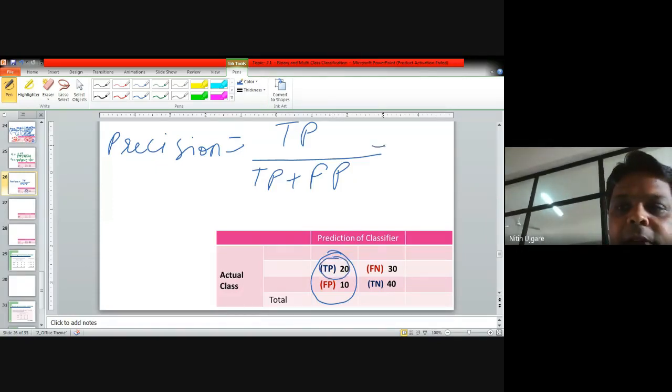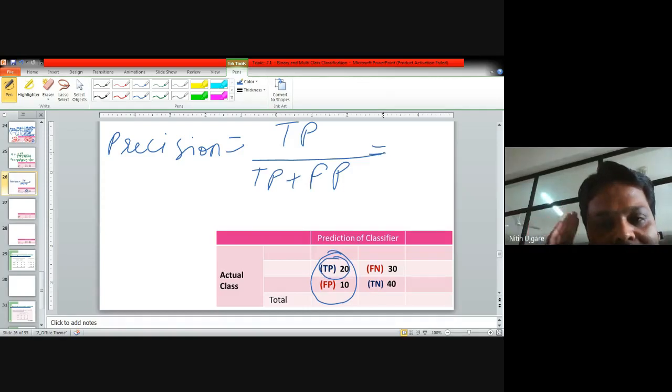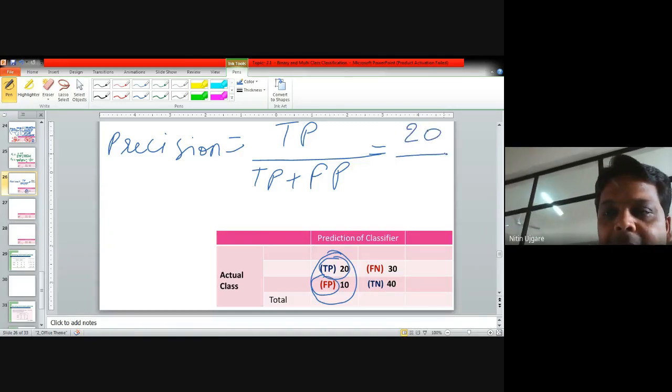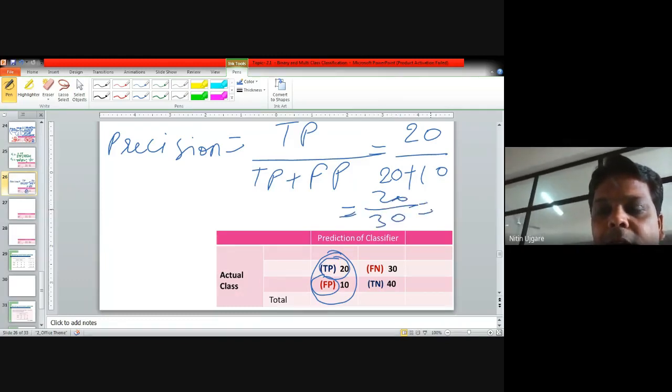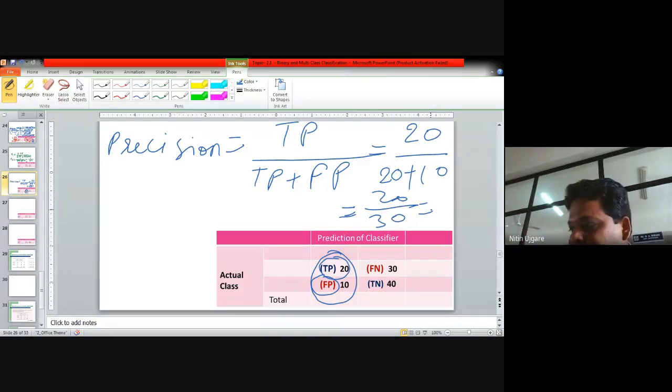So precision is calculated as the number of positive class instances divided by positive class instances plus misclassified negative instances, that is FP. TP is 20 and FP is 10, so the calculation is 20 divided by 30, and that would be my precision.